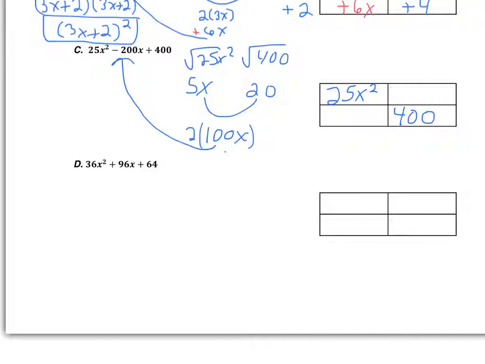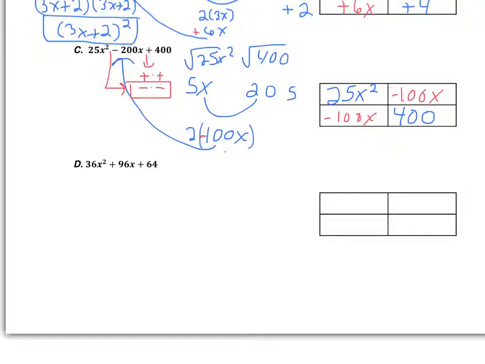And then I'm going to look at positive. Is it a positive times a positive or a negative times a negative? And my b value says that it is a negative. So this is actually a negative 100x. So I have negative 100x, negative 100x. And I'll go ahead and factor.